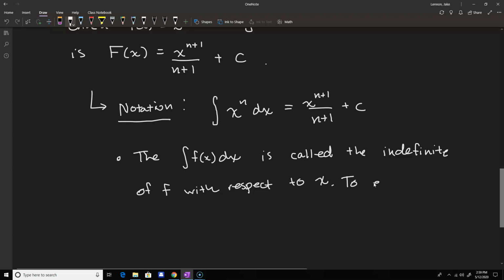To evaluate, we just find the family of antiderivatives of f of x.